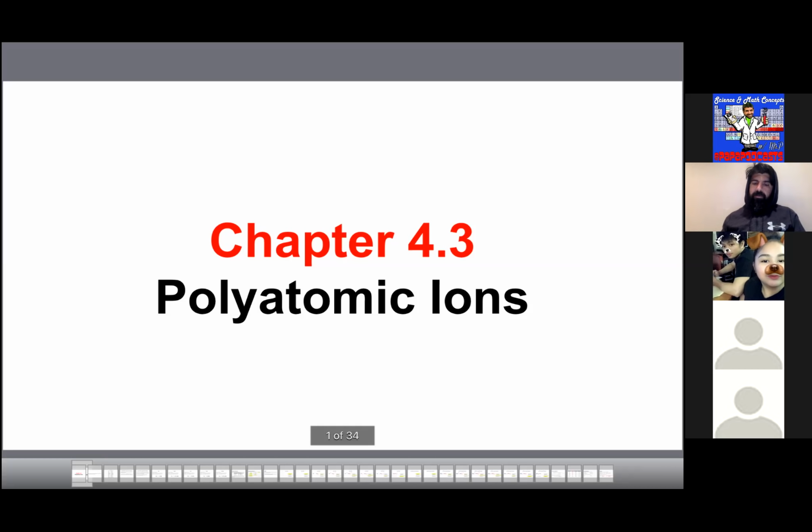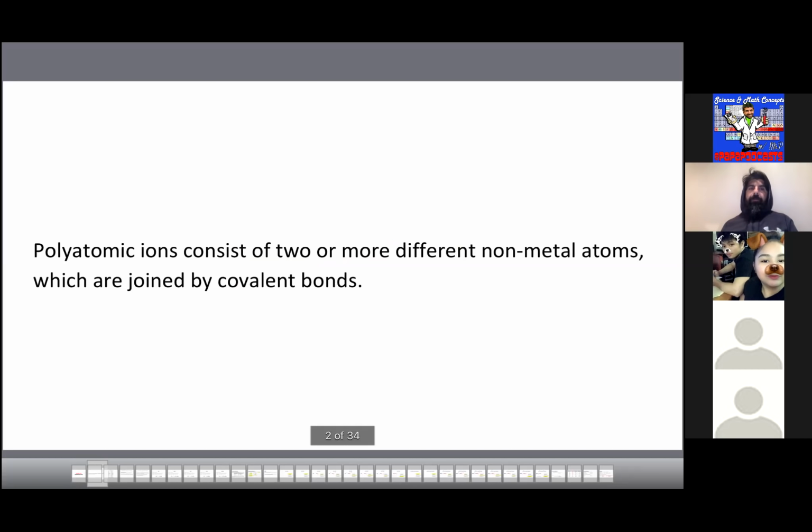So let's look at the polyatomics. So polyatomics consist of two or more non-metals. So remember how up until now, everything we've been looking at was binary. Okay, binary, meaning two.